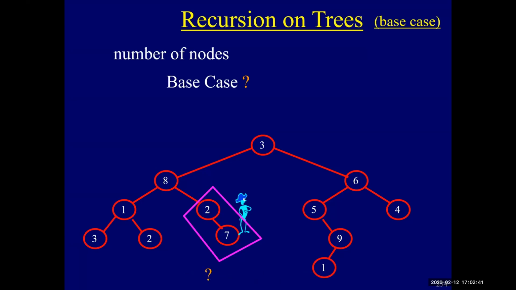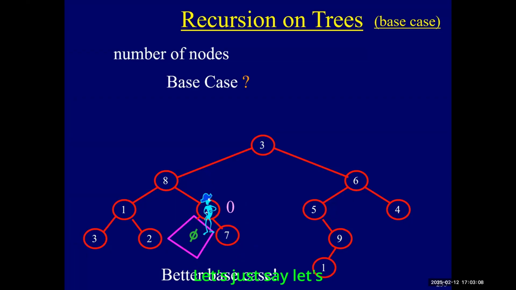One thing I don't like is I've seen in books where their base case is one node. And then they have all these cases: if I have a left child and not a right child, if I have a right child and not a left child, if I have both children, if I have no children. They have all these cases. Do I like that? No. So let's not do that.